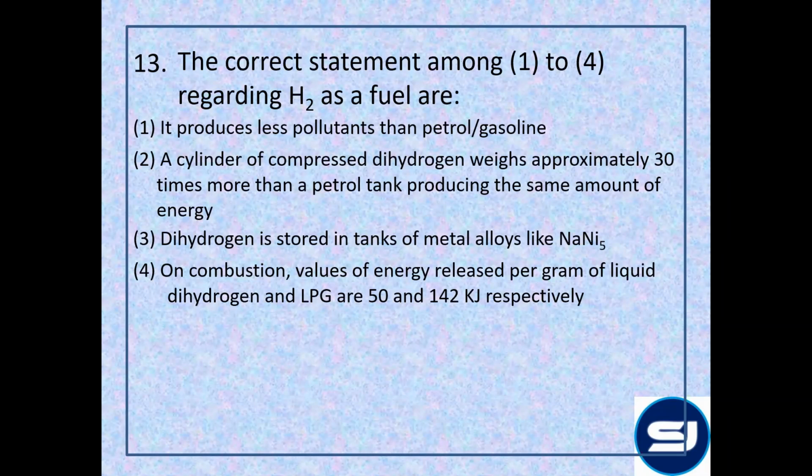You may have read these values, but a statement is clearly given that the energy released per gram on a weight to weight basis, the combustion energy of hydrogen, is 3 times that of other fuels like LPG, petrol, diesel. Remember that. On a weight to weight basis, per gram the combustion energy of hydrogen is 3 times as compared to LPG. That is why 142 is for hydrogen and 50 is for LPG.